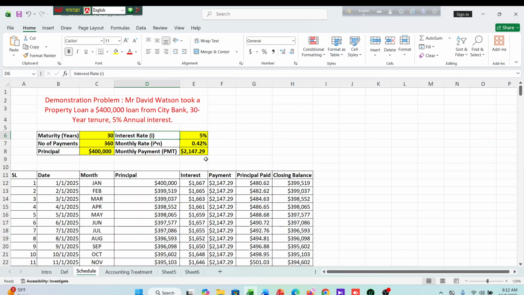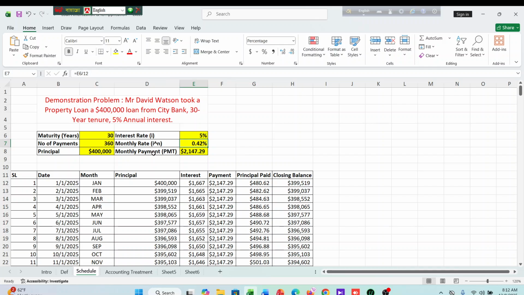Then how many months? We know 360 months. What will be the monthly rate? 5% is annual, so we will divide the annual interest rate by the total number of months in a year. What will be the EMI? What will be the installment size?